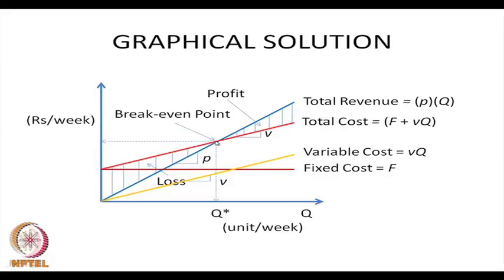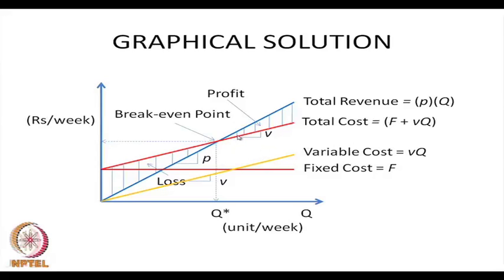This point has a corresponding value of Q as Q star, the break-even production or break-even sales, and this is the break-even amount. In terms of cost or rupees, they are the same value. Either it is P Q star or it is F plus V Q star, both give rise to this value.